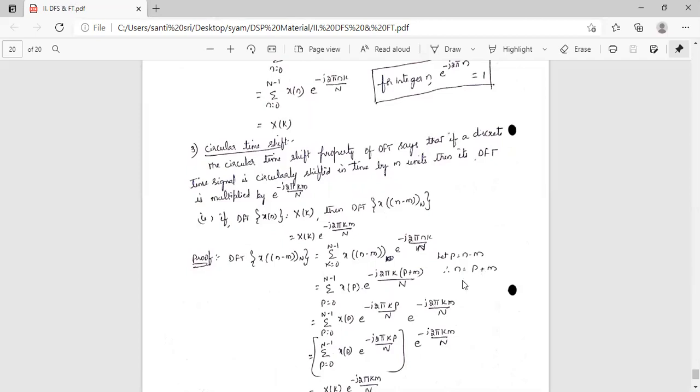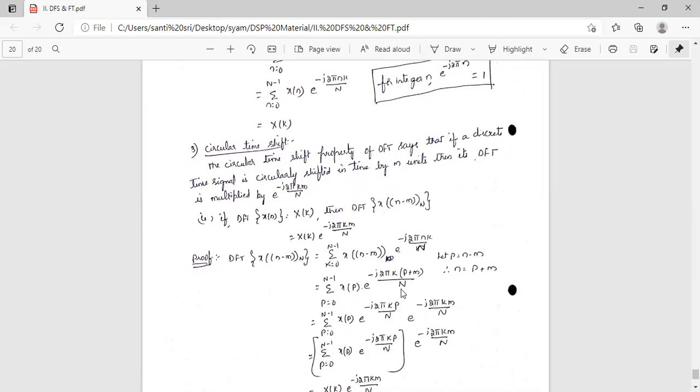Let p equal to n minus m, so n equal to p plus m. So n is replaced by p plus m. So this is x of p, where p is varying from 0 to n minus 1, sigma x of p into e power minus j 2 pi k into p plus m by n.